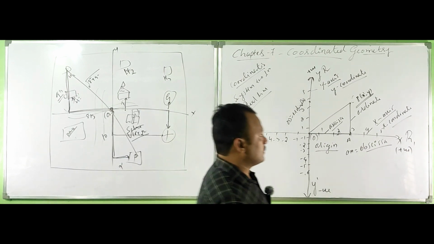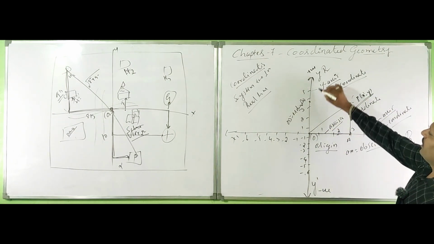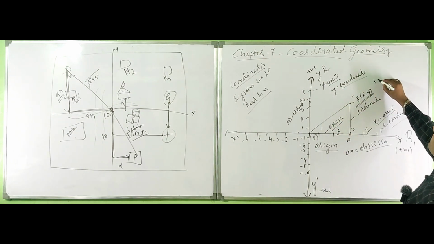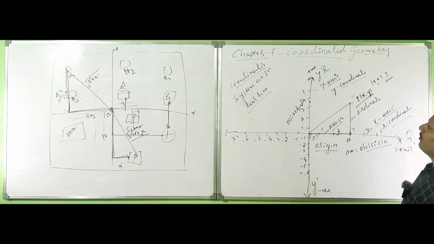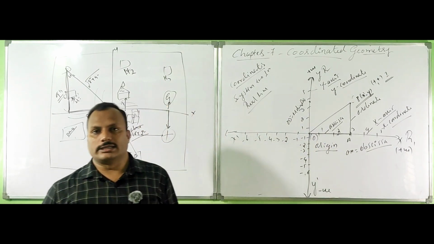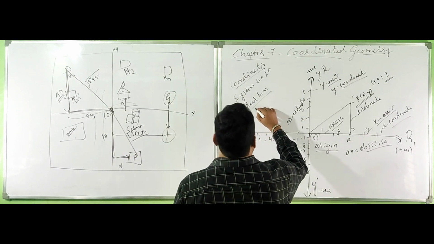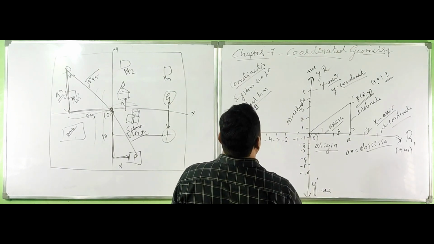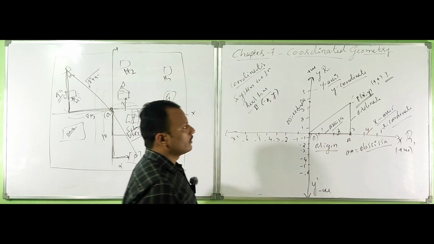Then the first quadrant: here x is positive and y is positive. Any point in the first quadrant has both coordinates positive. In the second quadrant, x is negative and y is positive.